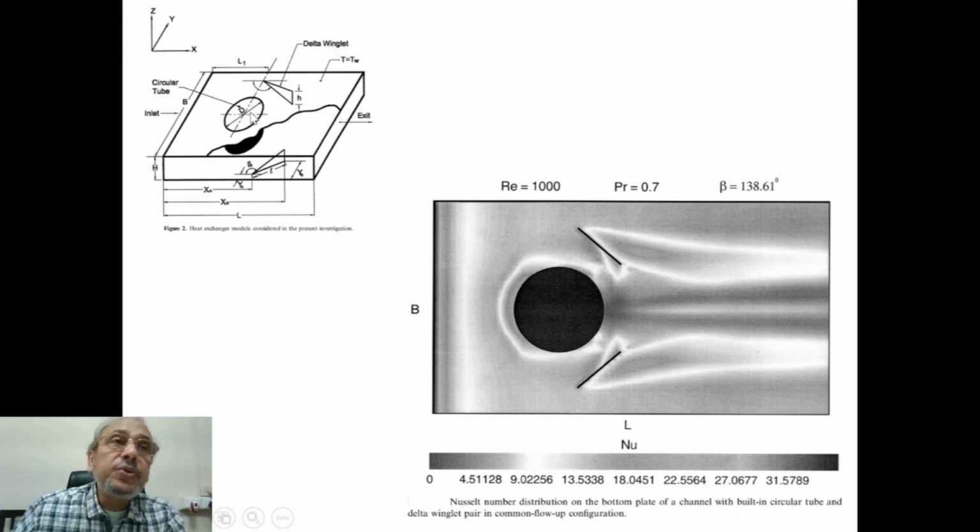Through the tubes basically hot fluid flows, and it is cooled by the cooler fluid stream, and these tubes are surrounded by fins. So this top plate is a fin, maybe another tube is sitting here, maybe another tube is sitting here.